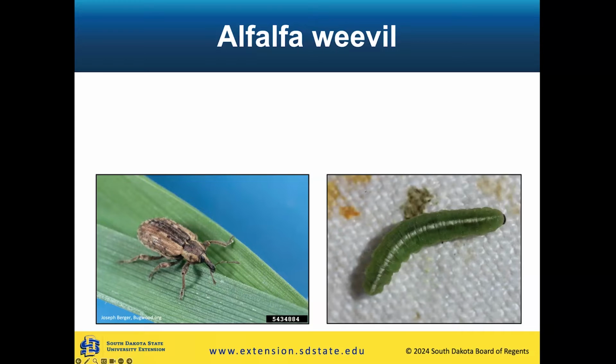We have these little tiny green worms that you'll see on the plants. They're super small. And then the adult stage, on the left side of the screen, is the adult weevil. They have these long snouts on them. They're going to be light brown and have a dark stripe down the back.